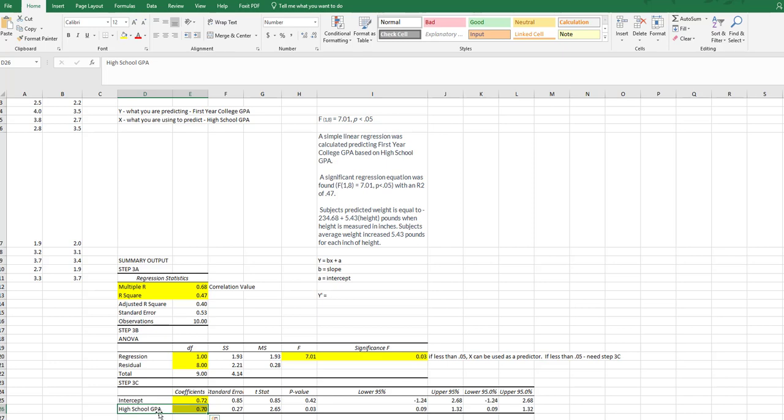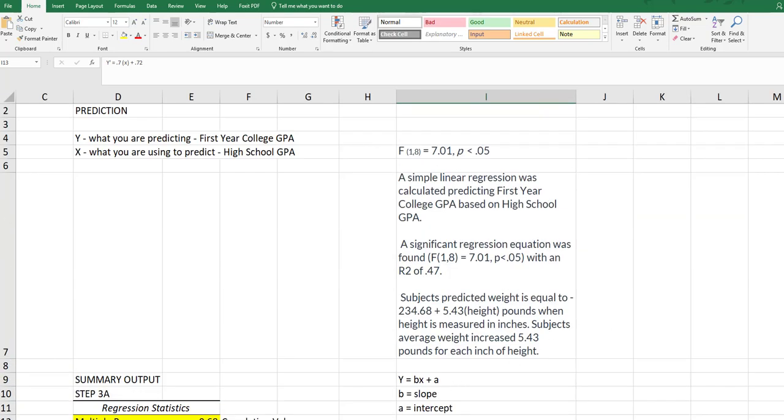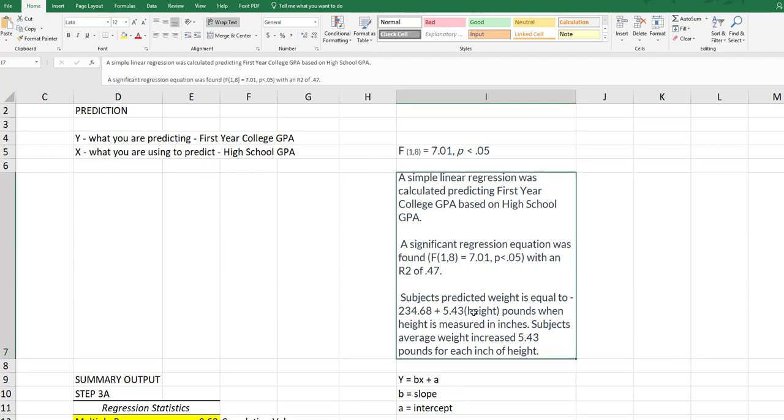So my slope for x is 0.7, and I'm literally just going to put an x here, plus the intercept. Where's the intercept? It's right there, plus 0.72. Okay. Why did I put an x in this equation? I put an x in that equation as a placeholder to indicate my x variable, which is high school GPA, okay?